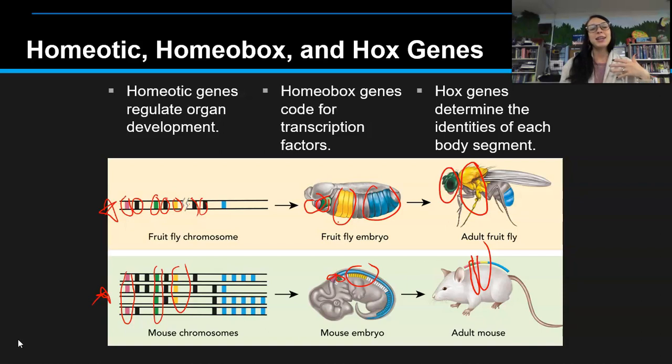He did research where he rearranged these genes, and he found that if you turned on or off these genes in certain patterns, you could get organs to grow in different places. For example, you could get legs to grow where fruit fly antennae grow, and you could get all sorts of weird combinations. So the regulation of these homeobox genes or these Hox genes is extremely important to the development of eukaryotic organisms.